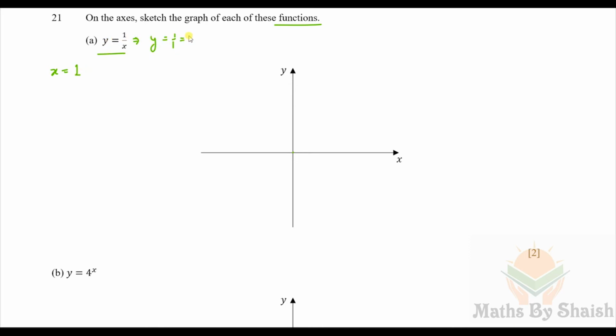So 1 point we got is 1 comma 1. When x equals minus 1, again 1 over minus 1 would be minus 1. So another point is minus 1 comma minus 1. So these 2 points we can mark as this 1, 1 and minus 1, minus 1.